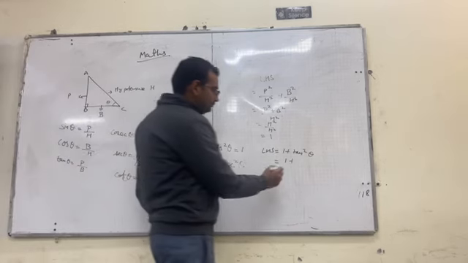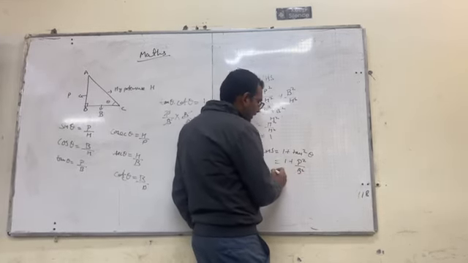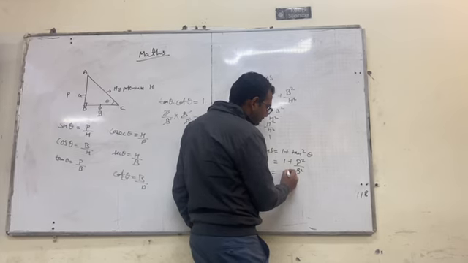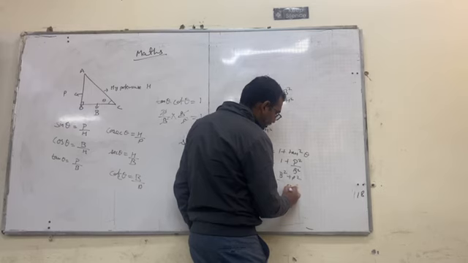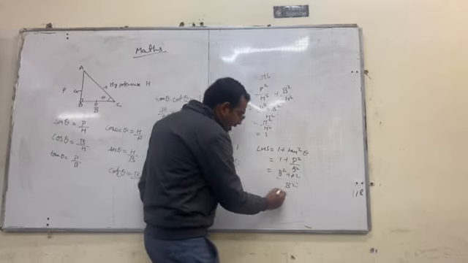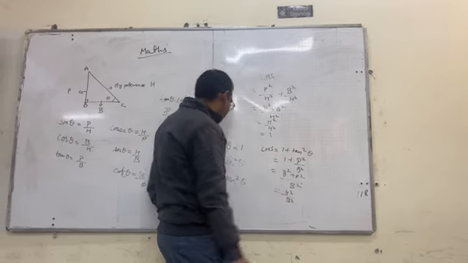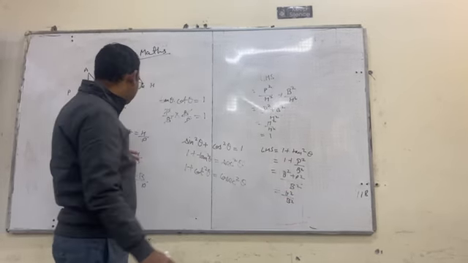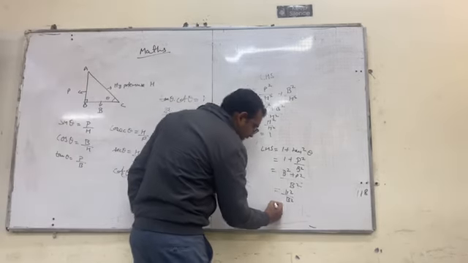So 1 plus p square upon b square. If we take LCM, it will become b square plus p square upon b square. We know that perpendicular square plus b square equal to hypotenuse square. So hypotenuse square upon b square. So what is h square upon b square? H upon b equal to sec theta. So h square upon b square equal to sec square theta.